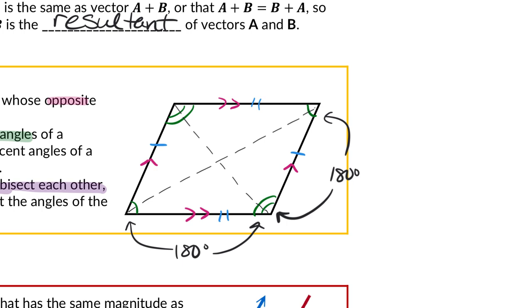They mean cut it perfectly into two. So like this piece and this piece are the same, and this piece and this piece are the same. Knowing the properties of the shapes from geometry class allows us to use a lot of these properties with our parallelogram rule for vectors to answer lots of questions.